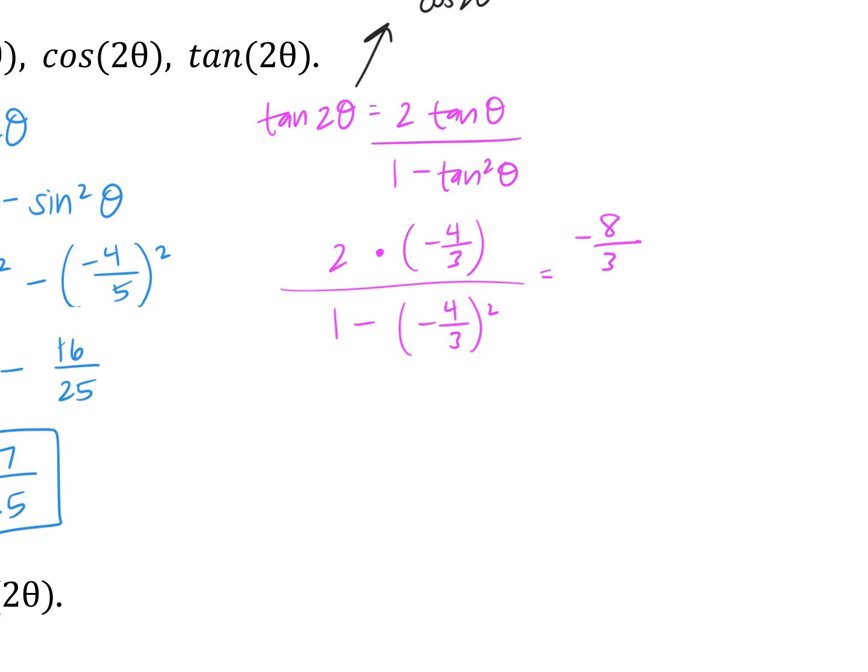Got fractions and fractions. Let's clean this up a little bit. In my denominator, if I want to make that a common fraction there, make that times 9 times 9, right? So now I have negative 8/3 divided by, what's 9 minus 16? Negative 7. So negative 7/9.